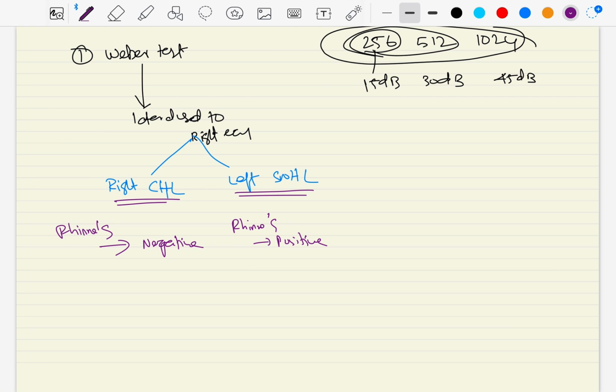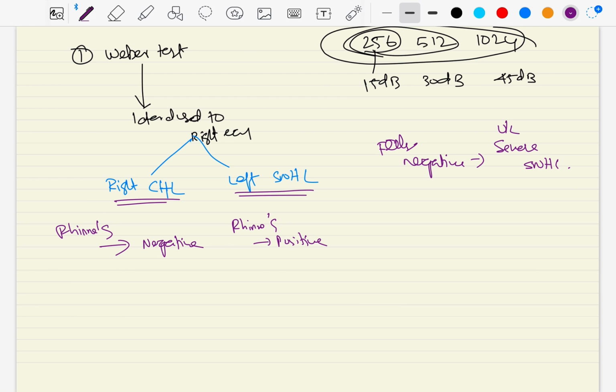There is an important condition where a false negative Rinne can happen. That is severe unilateral sensorineural hearing loss, okay. Normally in SNHL it should show positive, but in this condition it shows negative, okay.